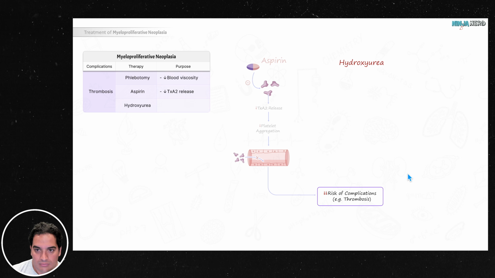All right. Another thing is hydroxyurea. You can use hydroxyurea theoretically in any of these that are causing thrombosis, like Polycythemia Vera, and you can even use this in essential thrombocythemia. The concept behind this is that you're trying to cytoreduce. So you're trying to reduce the number of myeloid stem cells converting into red cells. You're trying to reduce the number of myeloid stem cells converting into platelets.